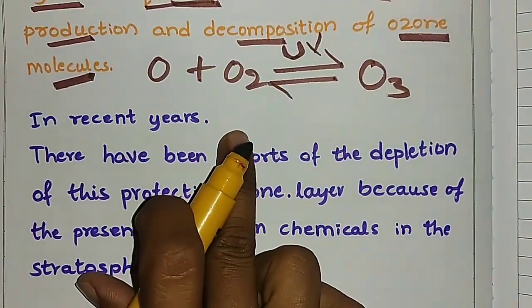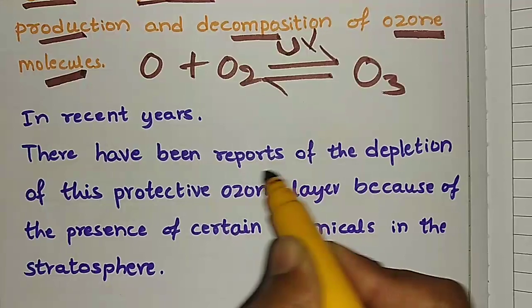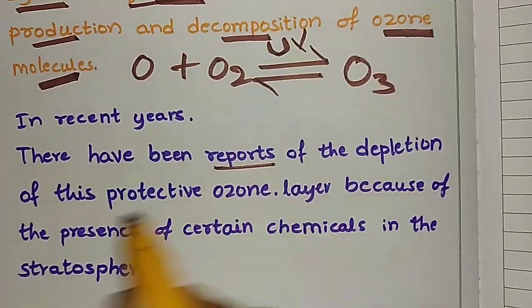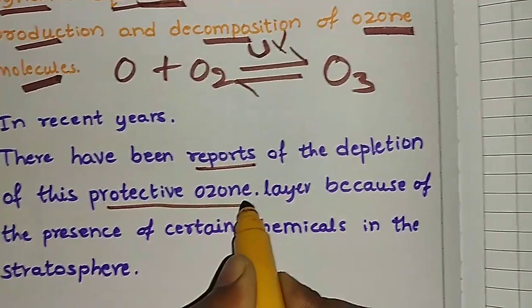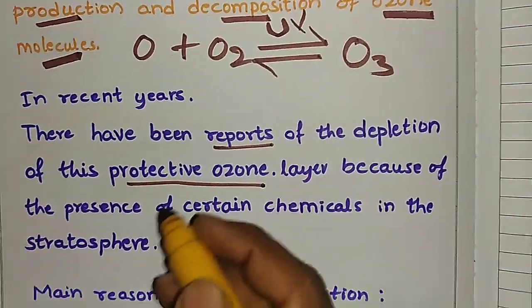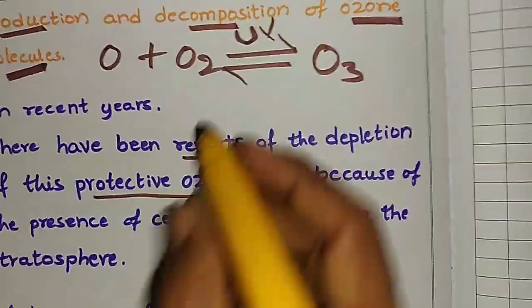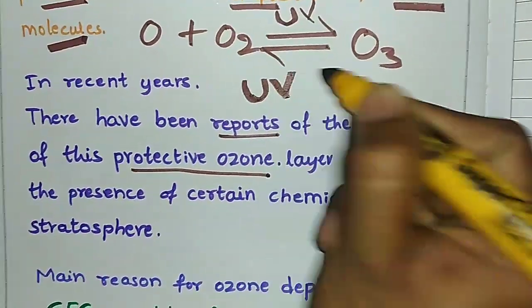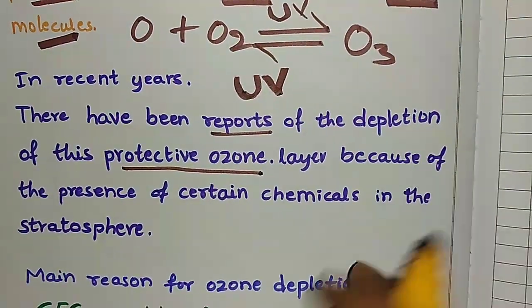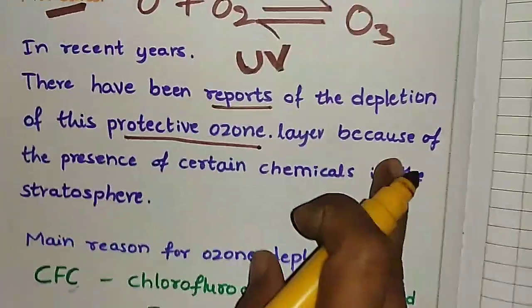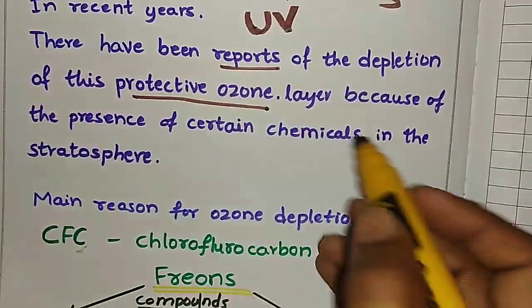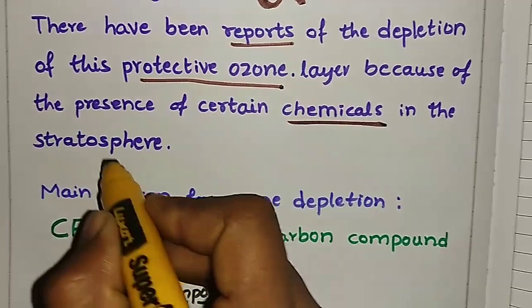In recent years, there have been reports of the depletion of this protective ozone. We all know that ozone protects us from the harmful ultraviolet radiations. The ozone layer is affected because of the presence of certain chemicals in the stratosphere.